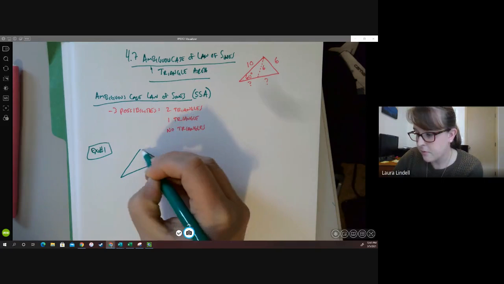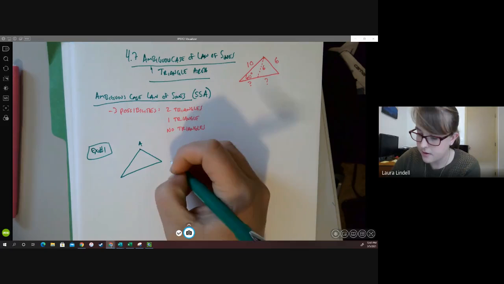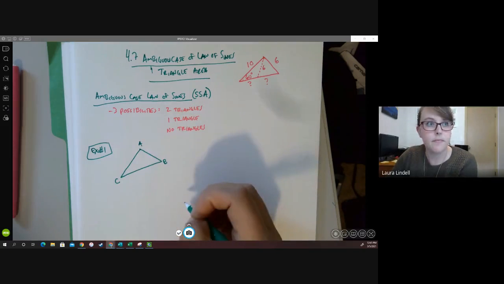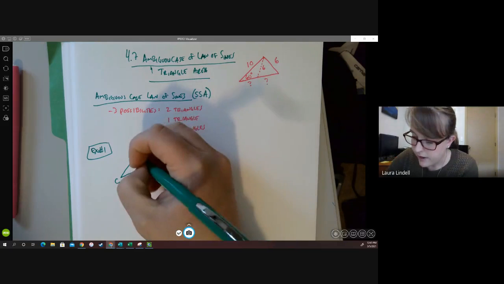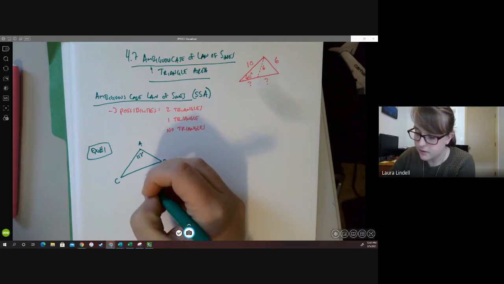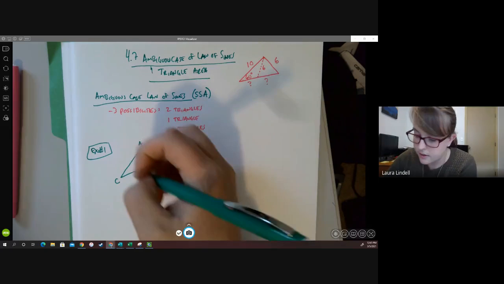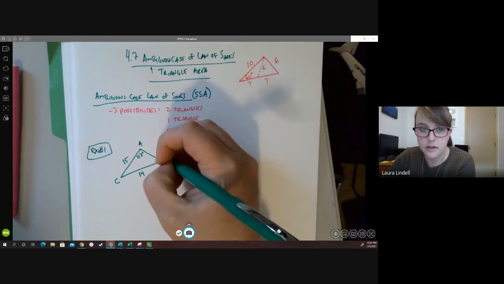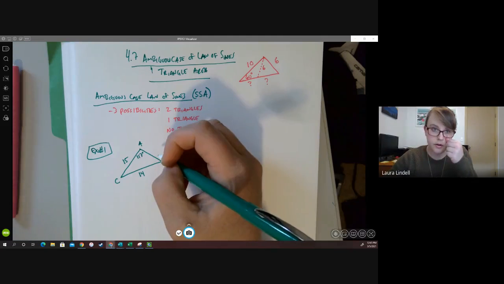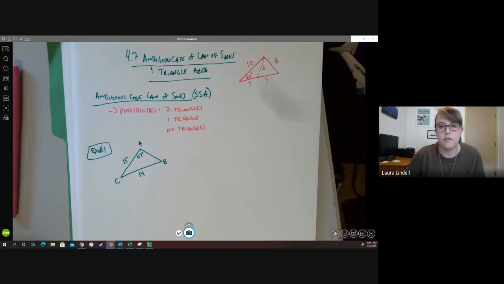So for the first example, we have triangle A, B, C. We have angle A is 117 degrees. Side A is 14. Side B is 15.